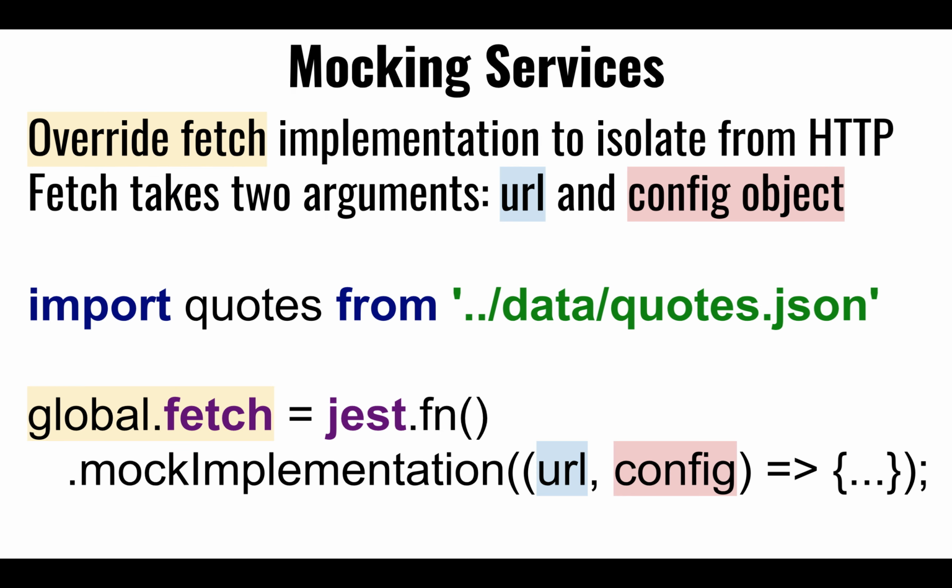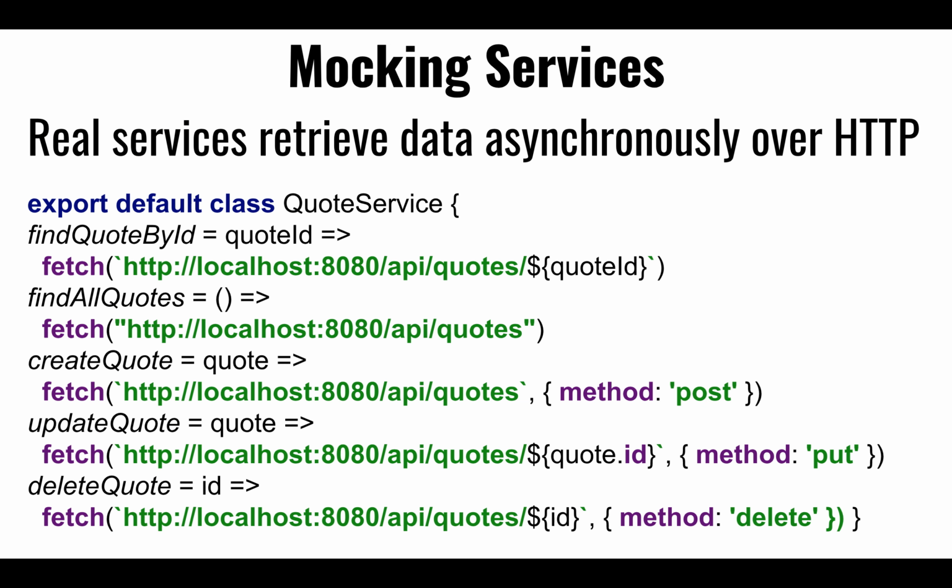Notice that the original fetch takes at least two arguments. The first argument is a string that represents the URL the request is going to be sent to, and the second argument is an optional configuration object that tells it whether this is a post, a put, or a delete; by default this is a get, right?